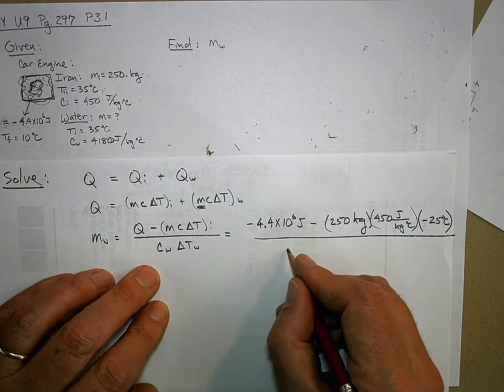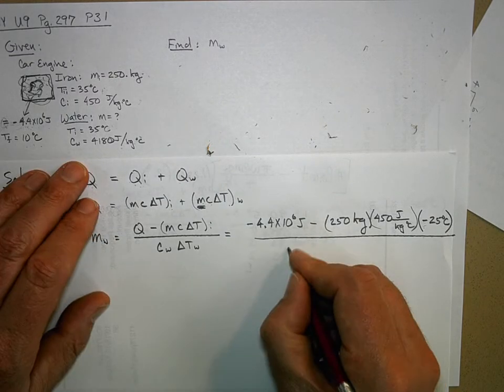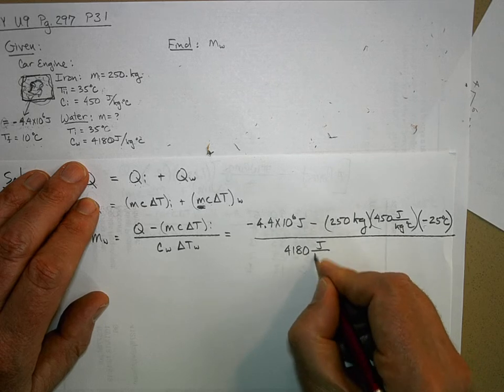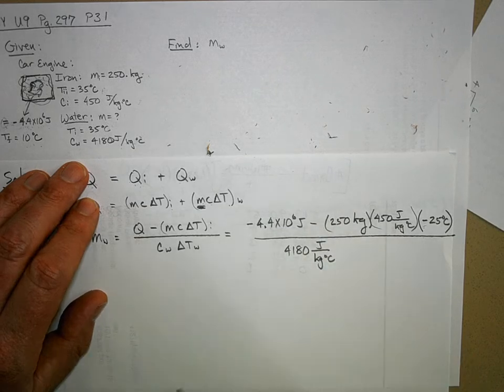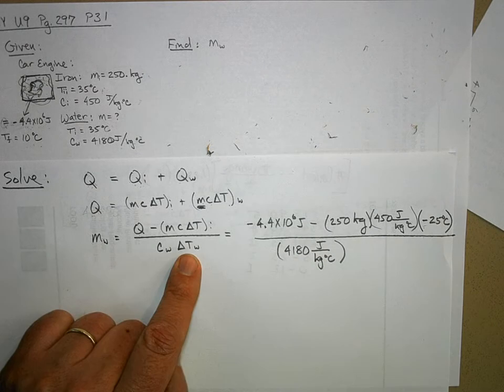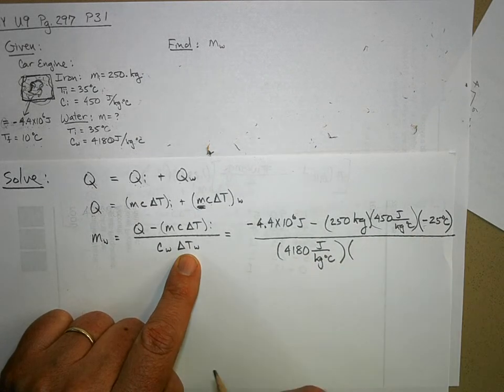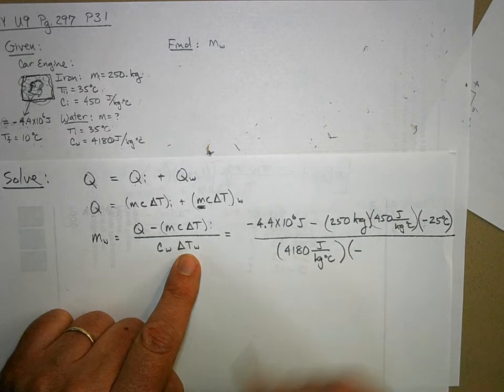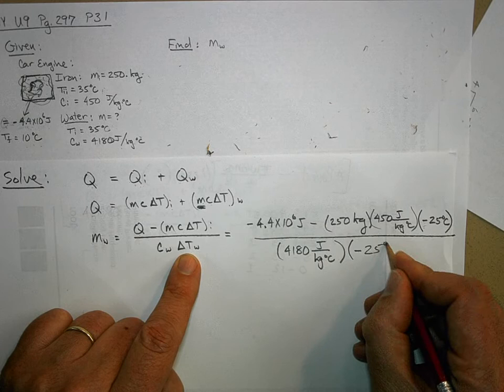Now, the specific heat of water is 4,180 joules per kilogram degrees Celsius. And what is the temperature change of the water? It's negative 25 degrees Celsius, right?